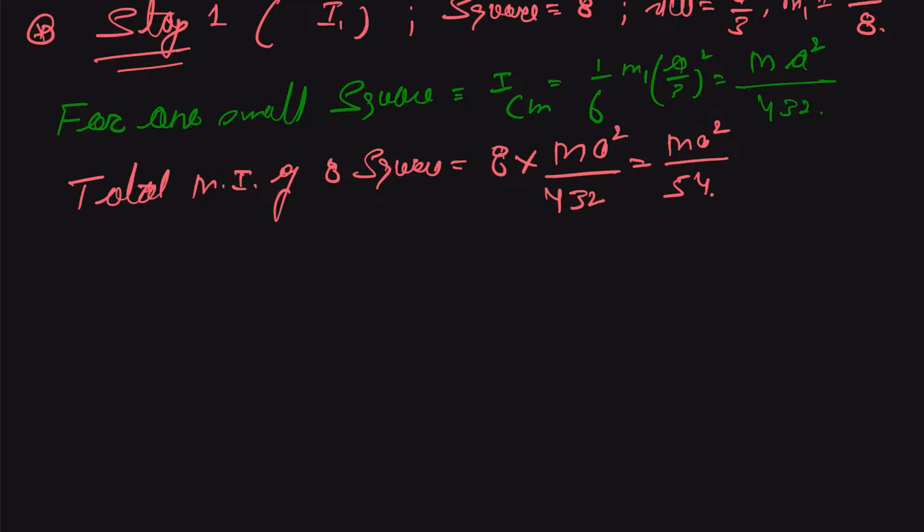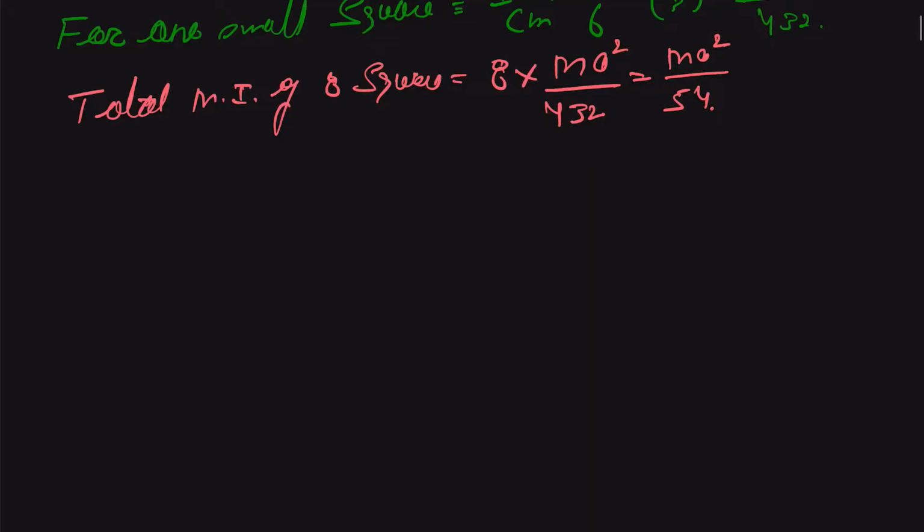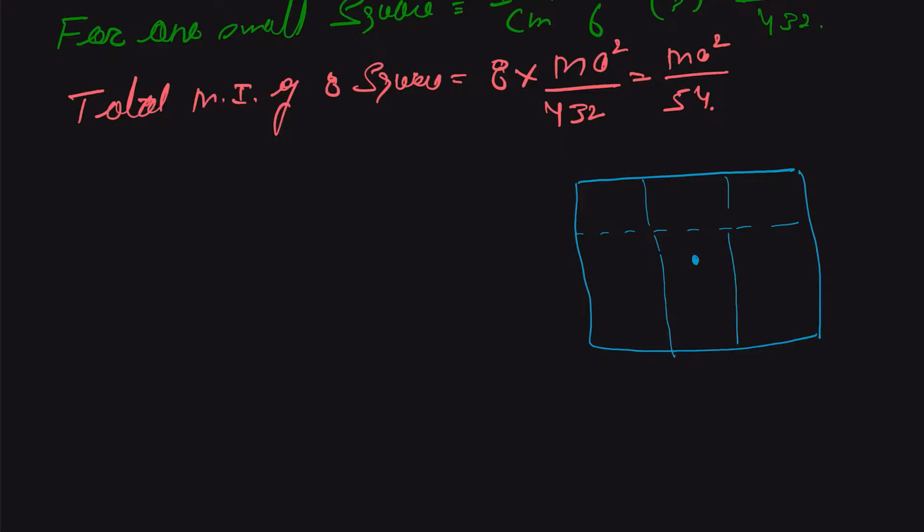Now we have to remember that we are calculating the moment of inertia with respect to the axis which is passing through the center of the bigger square, the original square, and we found out the moment of inertia of the individual squares.